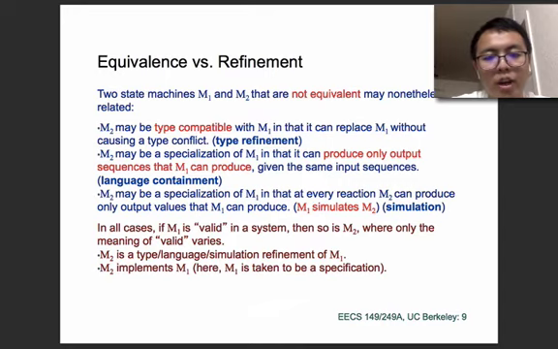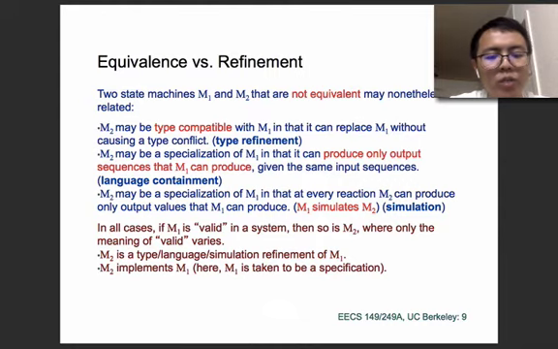M2 may be type compatible with M1, so that it can replace M1 without causing a type conflict. The second is that M2 may be a specialization of M1 in that it can produce only output sequences that M1 can produce given the same input sequence. This is named language containment.